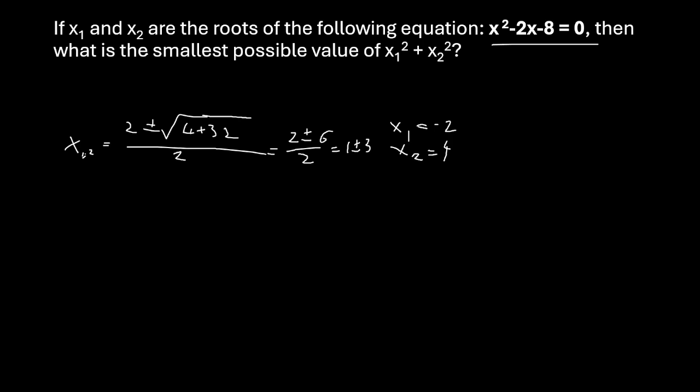Yeah, we actually don't have a smallest possible value here, we just have a value. Oh, I forgot to delete this part. Okay, so what's the value of x1 squared plus x2 squared? That's negative 2 squared, which is 4, plus 4 squared, which is 16, and that's 20.